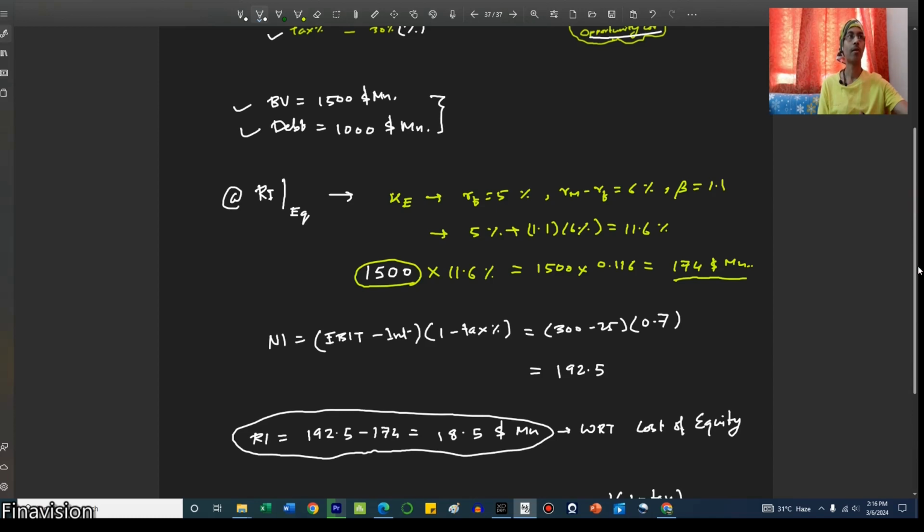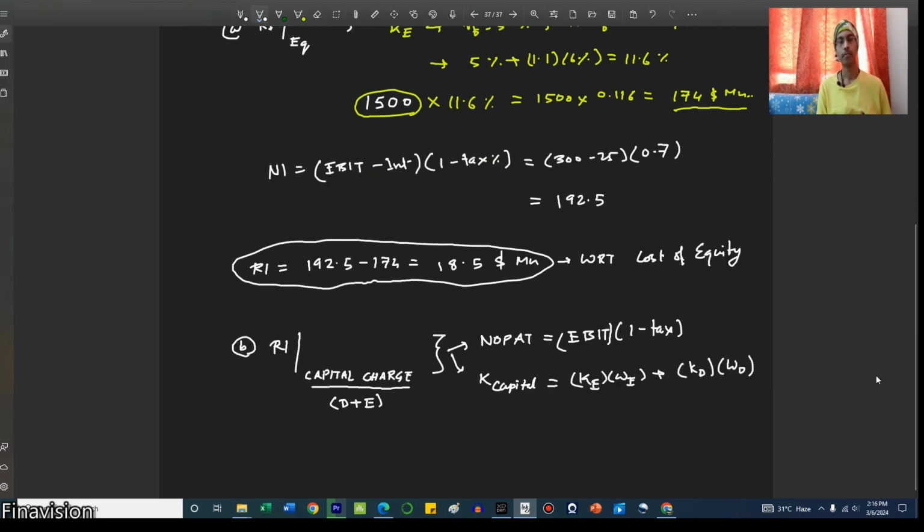This is our assumption. Now cost of equity we already know, 11.6% into the weight, which is 1500 by 1500 plus 1000, that is 2500, plus cost of debt into weight of debt, right?